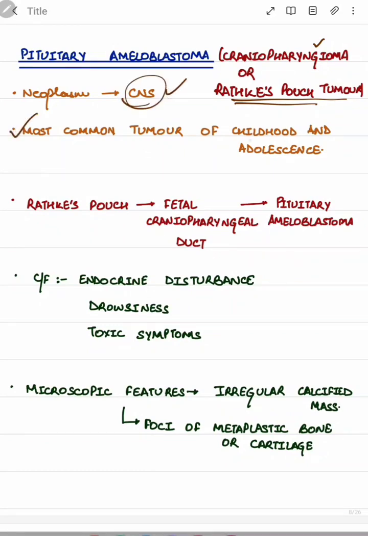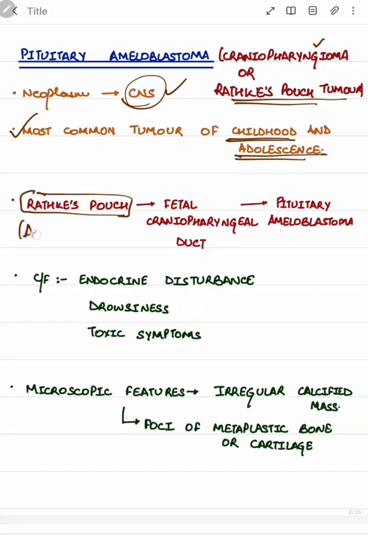It is the most common tumor of childhood and adolescence. So basically, there is a Rathke's pouch, which is a precursor of anterior pituitary. This Rathke's pouch will give rise to an abnormal duct, that is the fetal craniopharyngeal duct. That is a connection between the cranium and the nasopharynx basically.